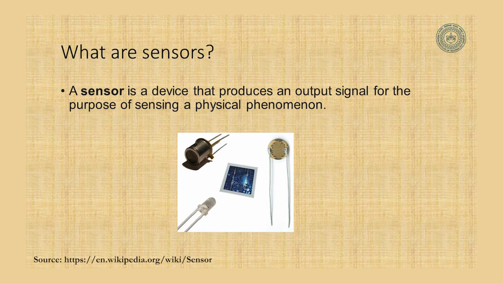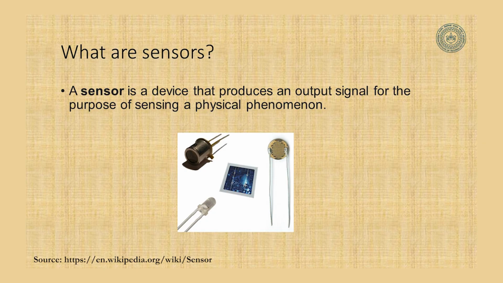So, you use a sensor and it tells you the temperature, and that temperature of course is a measurement. It is 10 degrees or 15 degrees or 20 degrees. So, we need an output signal which tells us what the measurement is. So, a sensor is a device that produces an output signal for the purpose of sensing a physical phenomenon.